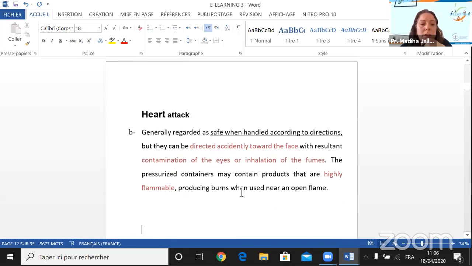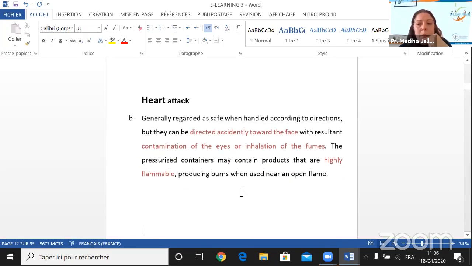Next problem. Can you read for us, please? Please read the paragraph.